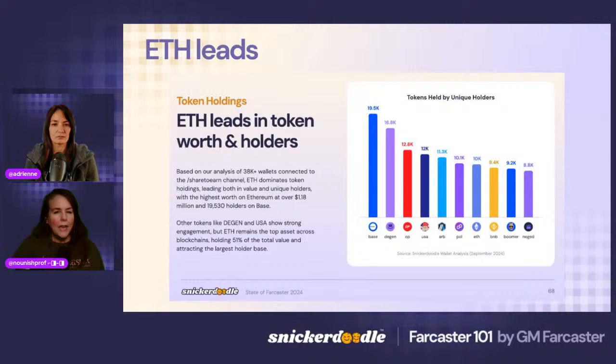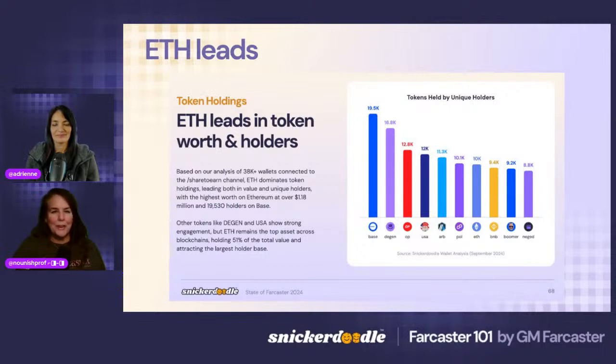pulling the different chains and tokens that people are holding within their wallets. And we have a large number of folks holding ETH on Base, and then also Degen, OP, Arbitrum, Polygon, ETH Mainnet, BNB, Boomer, and Negen at that point.